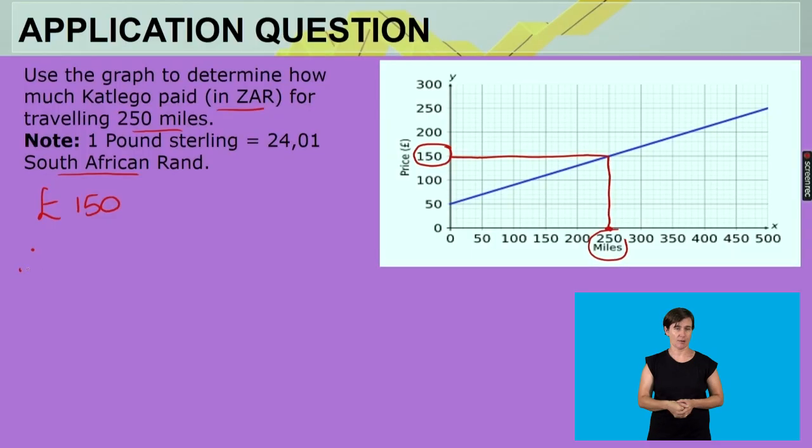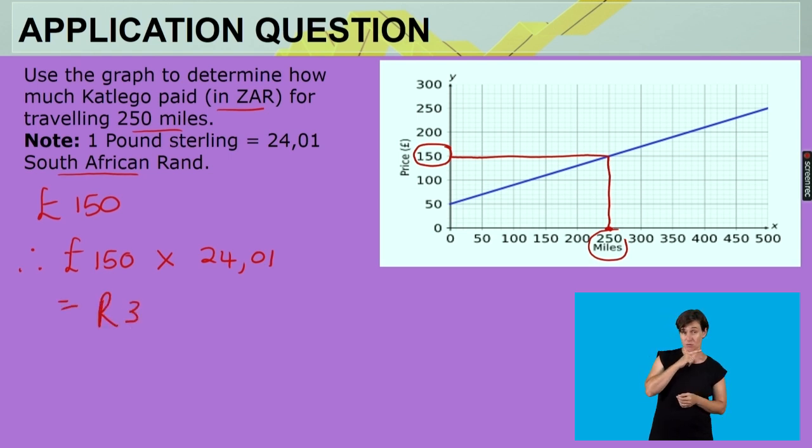So therefore, we'll take the 150 pounds and multiply that by the rate of 24.01. So let's quickly type that in, 150 multiplied by 24.01. So that will give us a total. The equivalent in South African Rand then is 3,601 Rand and 50 cents.